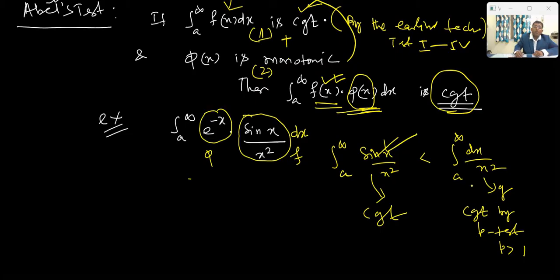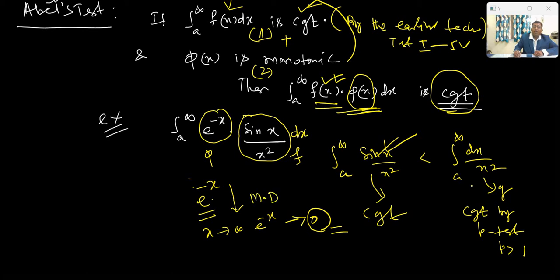And what happens to this? You know, e to the power minus x is a decreasing function. When x tends to infinity, e to the power minus x tends to 0. So this function is bounded by 1 and bounded by 0; the maximum value of this function is 1. So this function is monotonically decreasing and bounded.